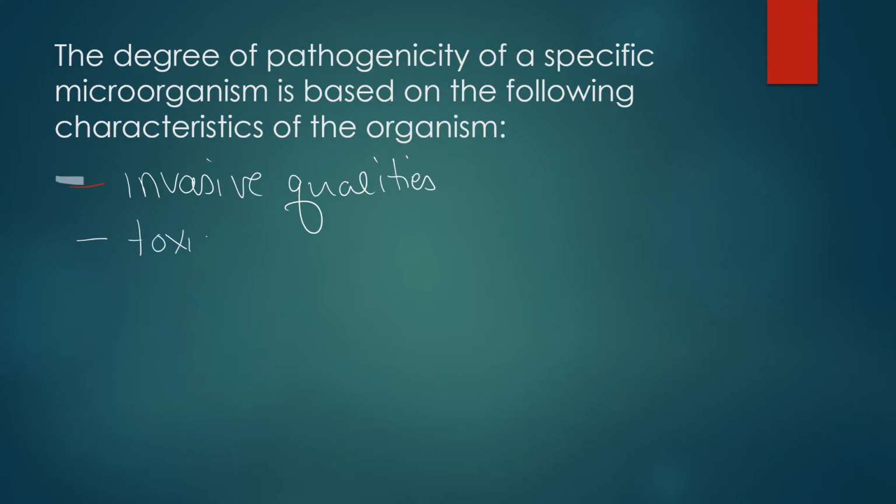Microorganisms can release toxins, and there are two types of toxins that they can produce, endotoxins and exotoxins, that will damage the host cells or interfere with the functioning of the host cells.